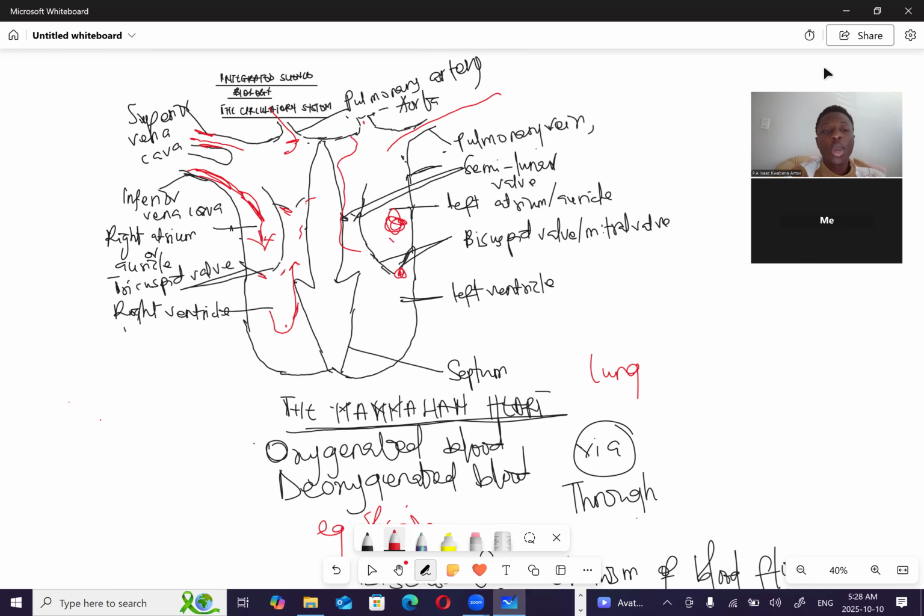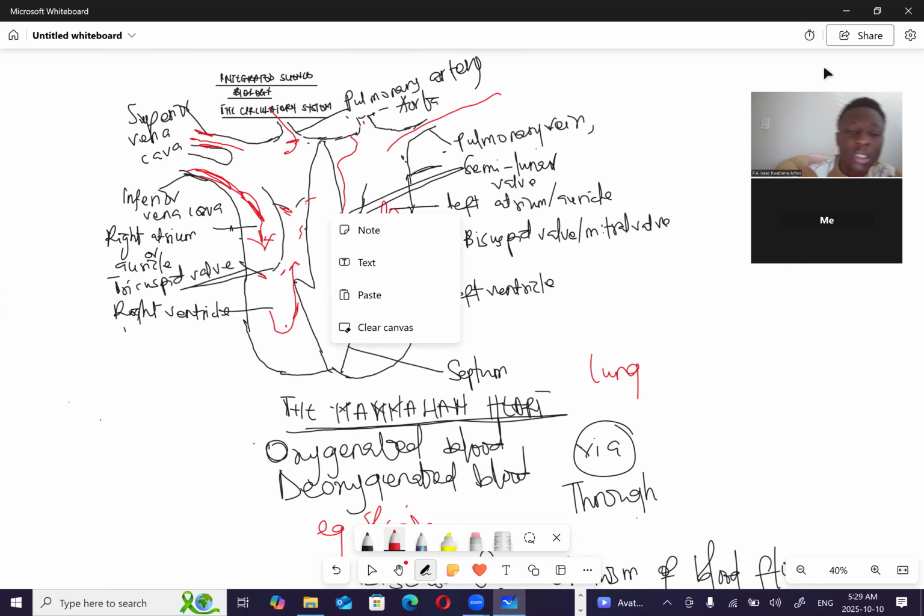So when the blood receives oxygen from the lung, it's pumped back to the heart through the pulmonary vein. From the pulmonary vein, it's pumped to the left atrium. From the left atrium, when it's filled up, the mitral valve opens and it flows to the left ventricle. When the left ventricle fills up, the semilunar valve, did I say mitral?